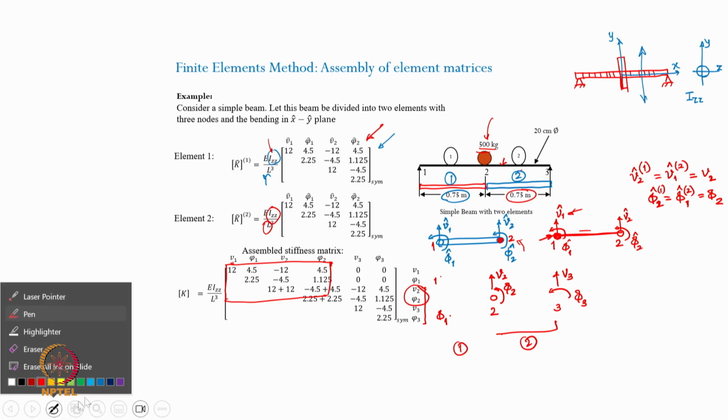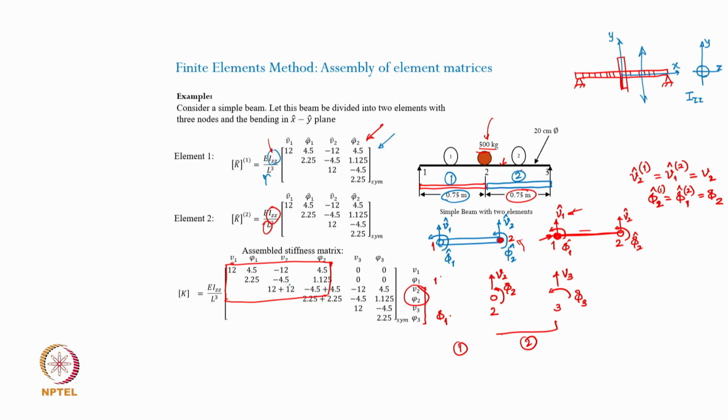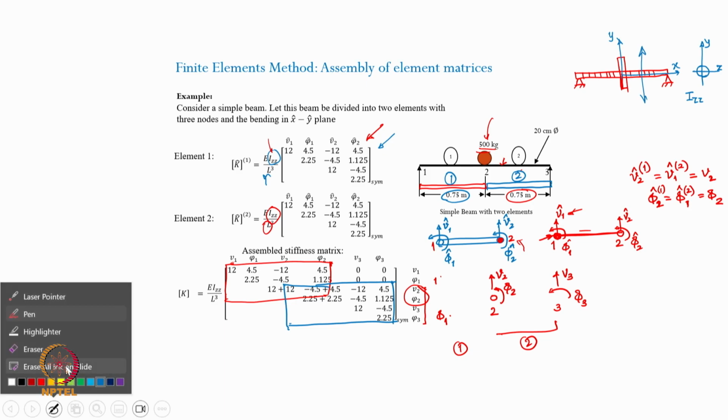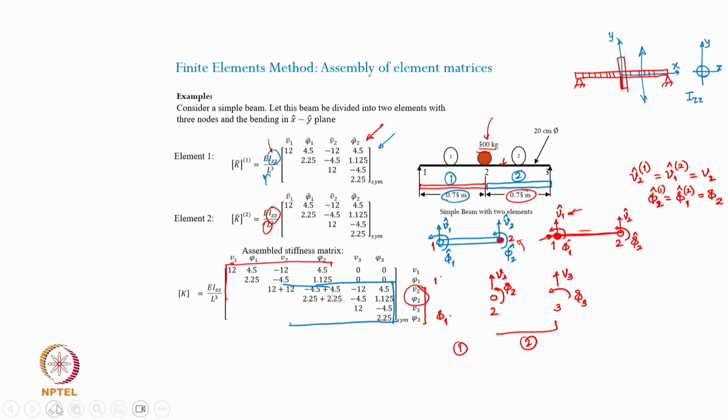So, what you will have here is that there would be an overlap in these rows and columns which belong to the second finite element, and therefore, you will have addition of 2 elements of the element stiffness matrix, and that is how this is going to happen for the assembly process.